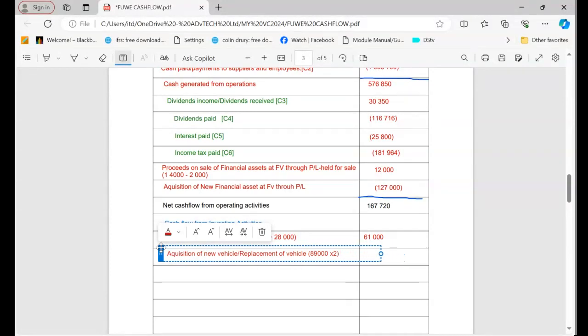Yes, 178. Is it an outflow or inflow? Is money coming in or out? It's money going out. That's why I have to put what? Brackets. It's the same thing I did here. Can you see? The money went out here, remember. Yes, remember, you look at the cash.